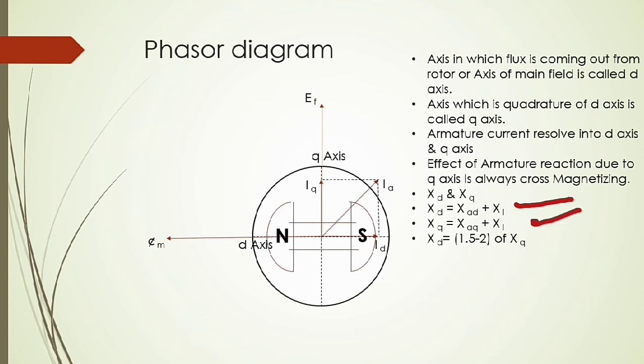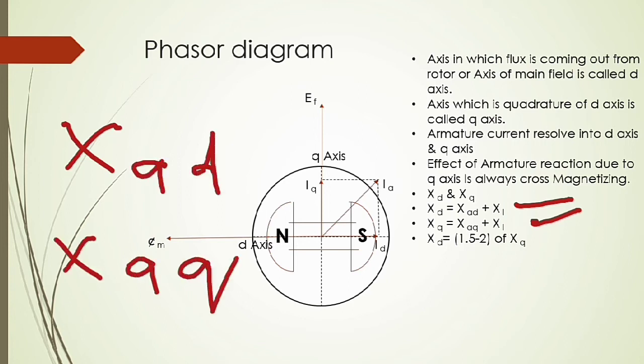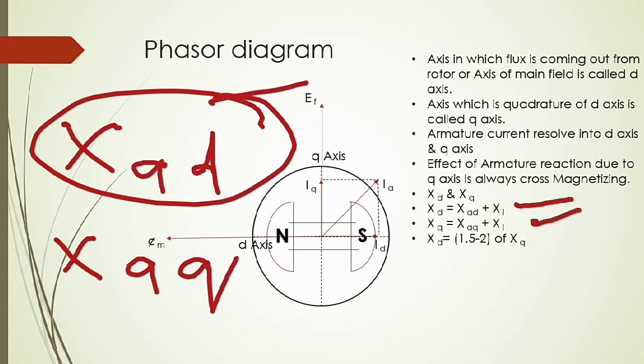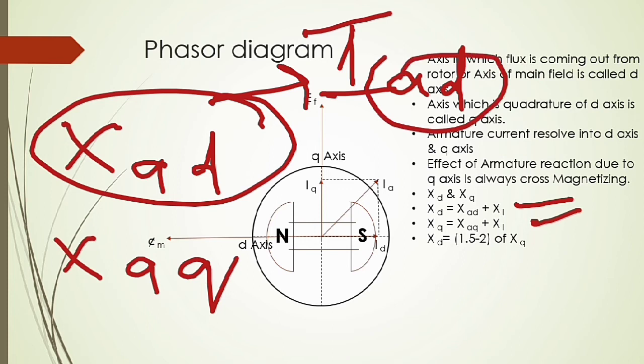So what is Xad and what is Xaq? Xad is due to the armature reaction caused by Iad, or you can say Id. That armature reaction is the reason for the production of Xad.